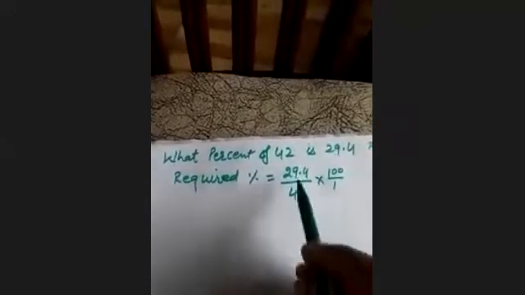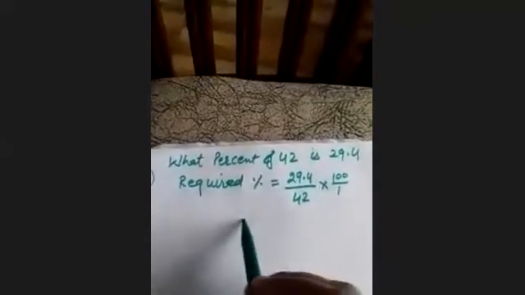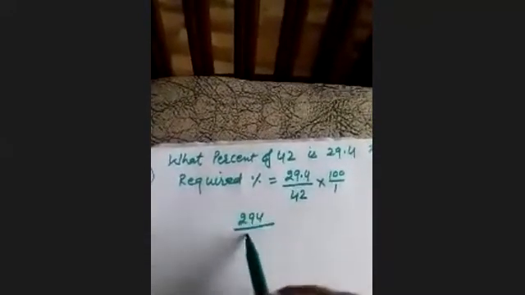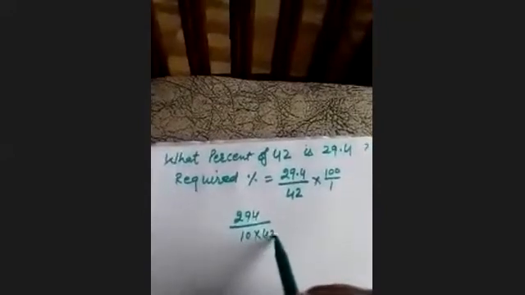Now students, first we will remove the decimal point. 294 into 10 upon 42 into 100 upon 1.